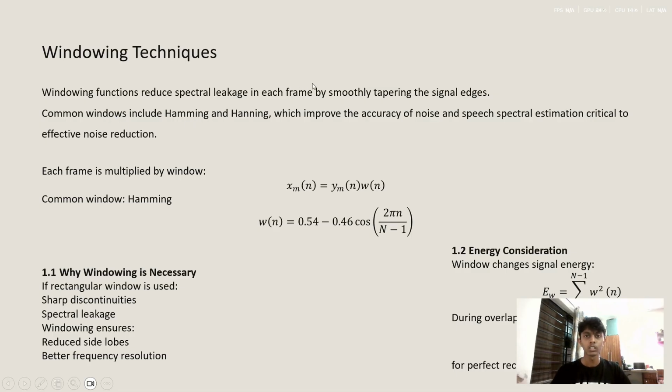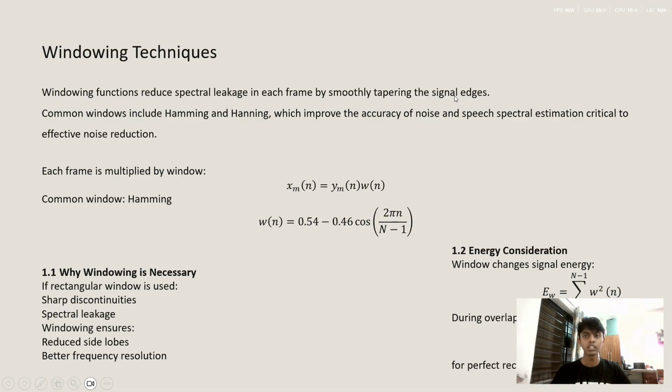This signal is smoothly tapered along the signal edges. The common windowing techniques are Hamming or Hanning, and we will be going through Hamming in this video.